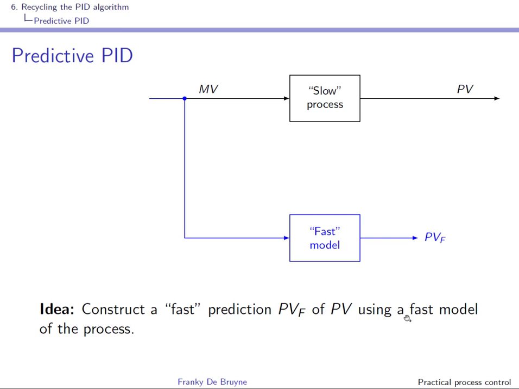So what you could do, for instance, if you have a slow process with several time constants, right, and a gain, well, the fast model could be the gain with the main time constant, right? And you can then use that fast model to obtain a fast prediction of PV.